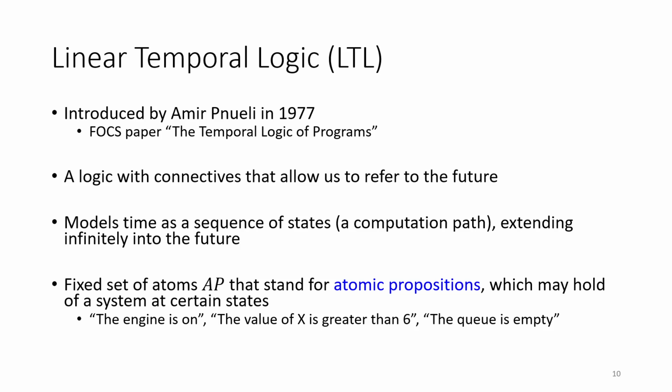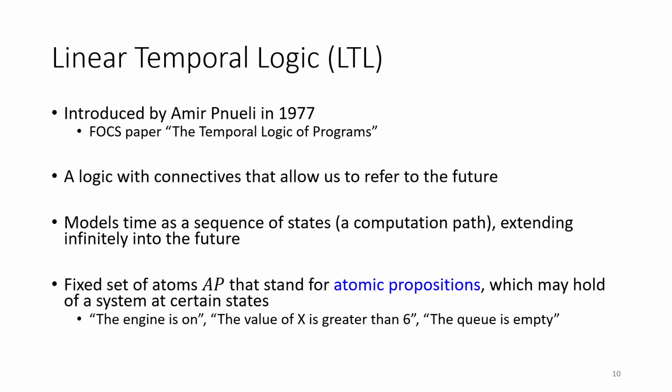So with our traffic light, in each state, we would say whether the first traffic light is green, true or false. And in each state, we would say whether the second traffic light is green, true or false. And then we would have some constraints, so that we would say for each state, the two lights are never green together. And that's something we could then evaluate over this infinite sequence of states.